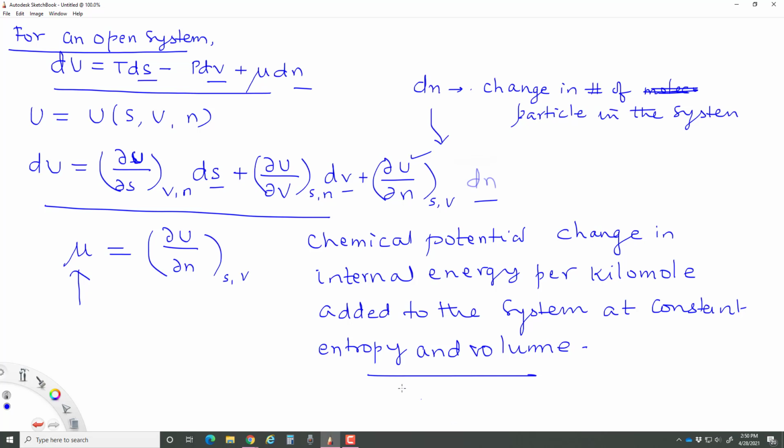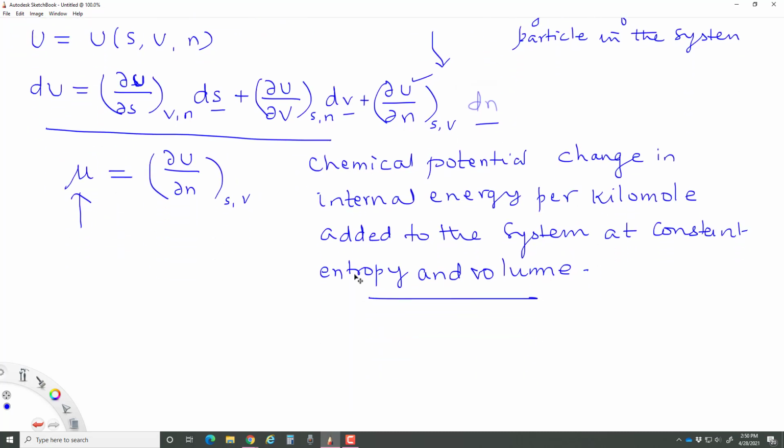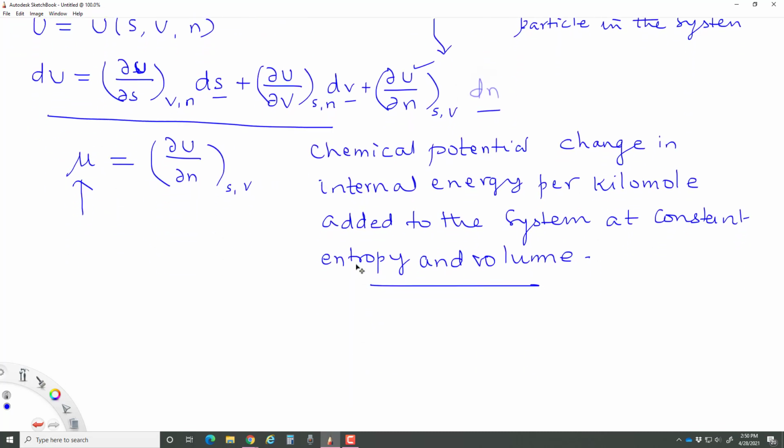Now, that's the condition when we add only one type of particle, but sometimes we may also add different kinds of particles. Okay, multiple types of particles.